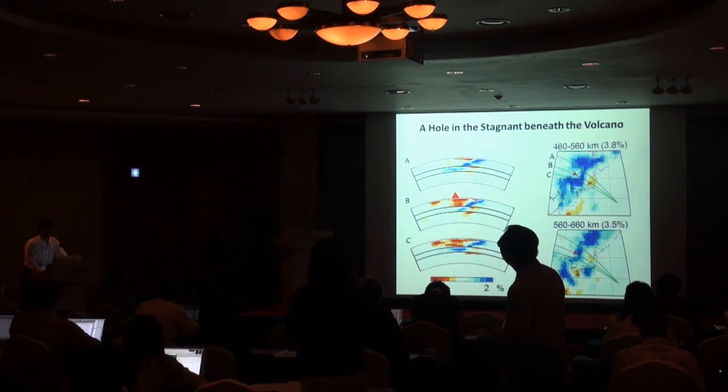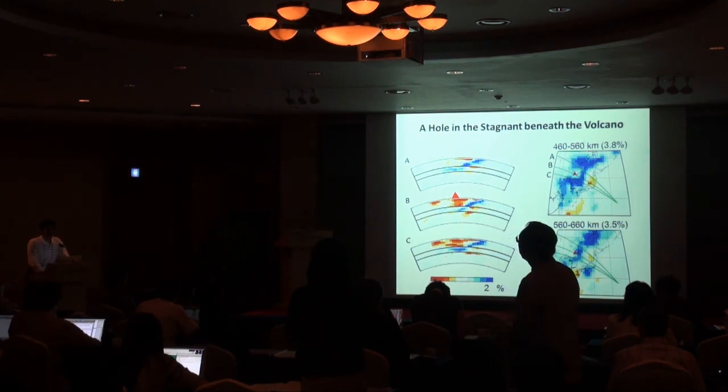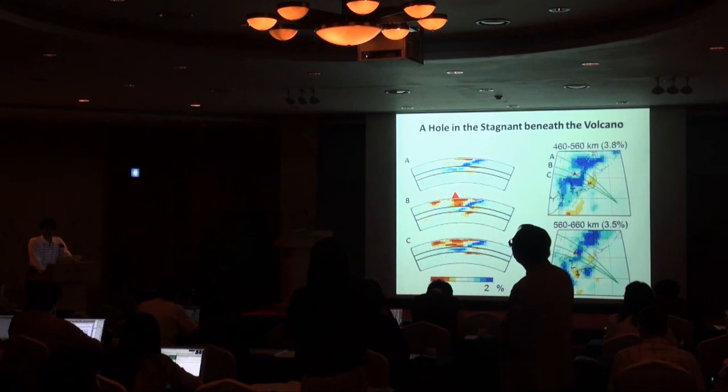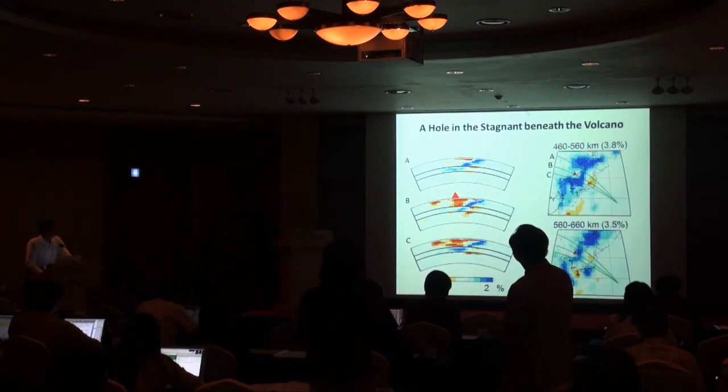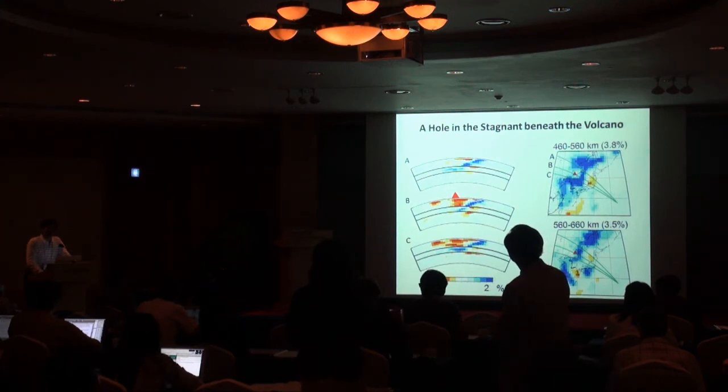I do know that others have used SCS multiples to get the low velocity zone beneath the volcano. And what's your result? The signal is not very clear in my analysis, but in some source station pairs we can confirm such signals.